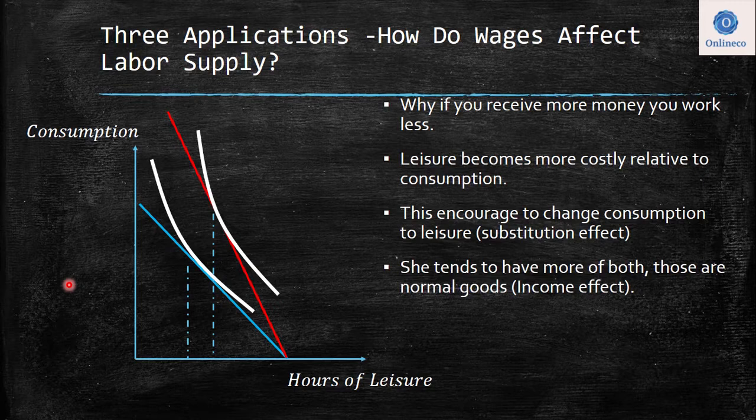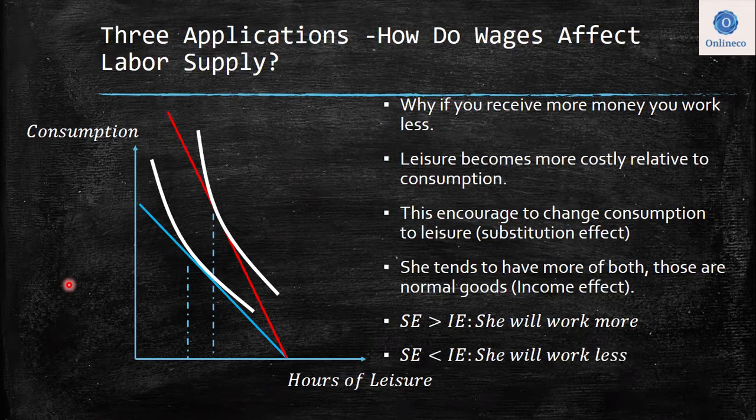And then the income effect, the person tends to have more of both. Those are normal goods. Then, if the substitution effect is higher than the income effect, she will work more. So then the labor supply is upward. In the other situation, the substitution effect is lower than the income effect, and she will work less.